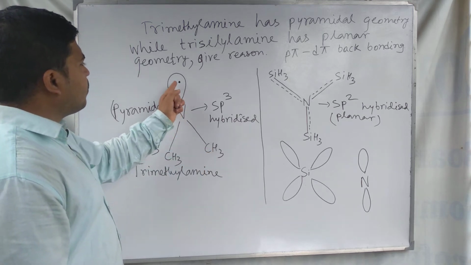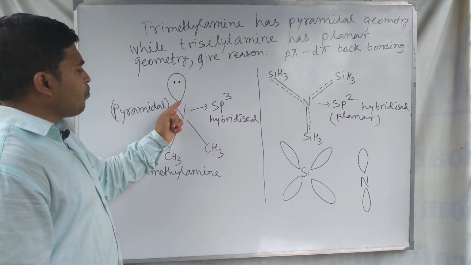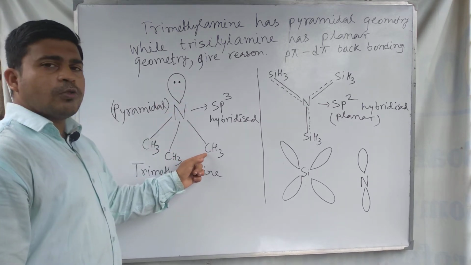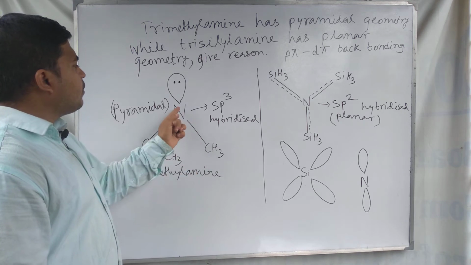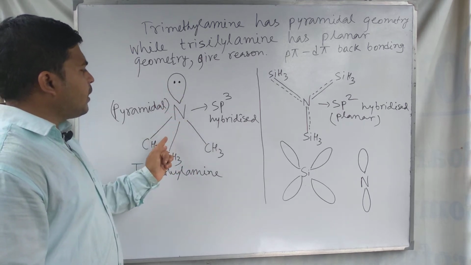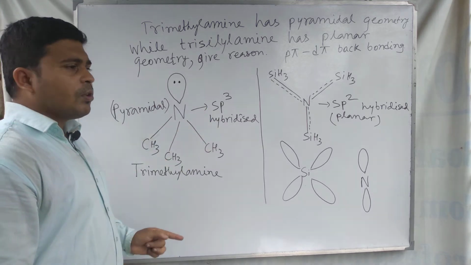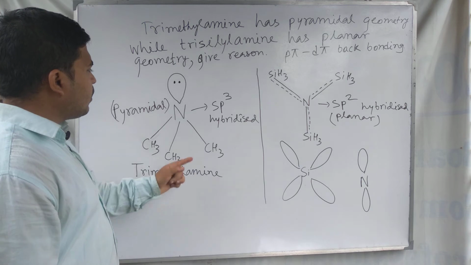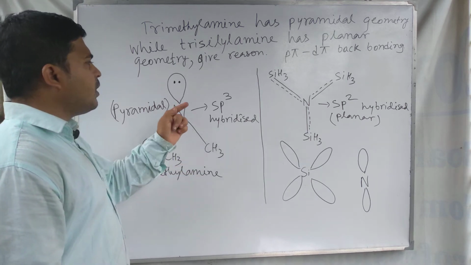For this reason, the lone pair of nitrogen cannot form pp bonding with the methyl group. As a result, with 4 pairs, 1 lone pair and 3 bond pairs, nitrogen is sp3 hybridized, and the shape of this molecule is pyramidal.